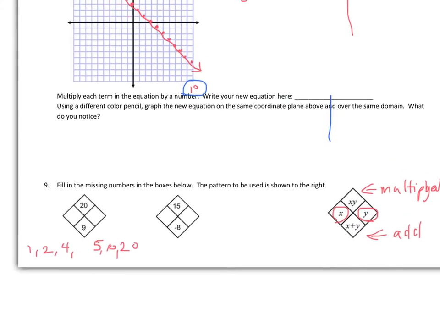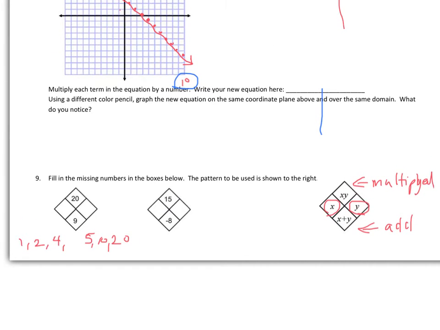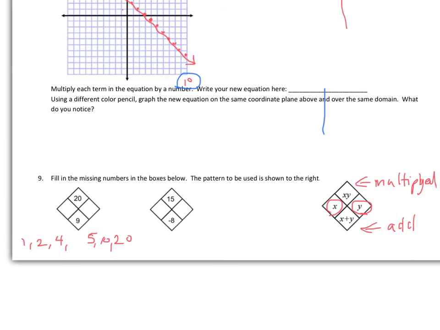Okay. Number 9 is review. And it says, fill in the missing numbers in the boxes below. The pattern used is shown to the right, which is basically x and y to the left and right are added for the bottom number, and then multiplied for the top number. So what two numbers for the first one added together equal 9 and multiplied together equal 20?